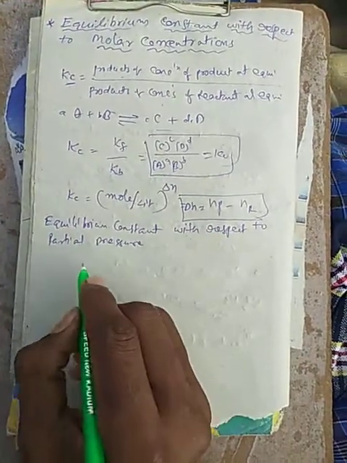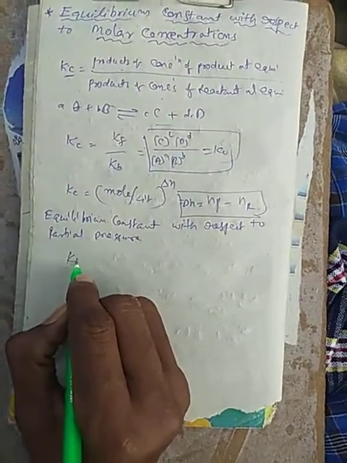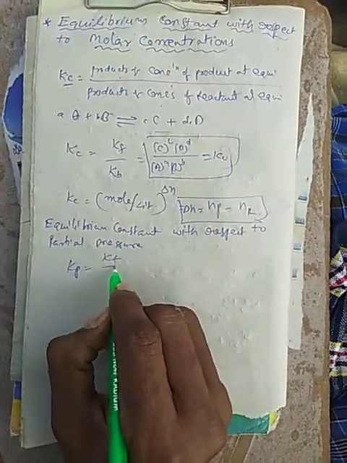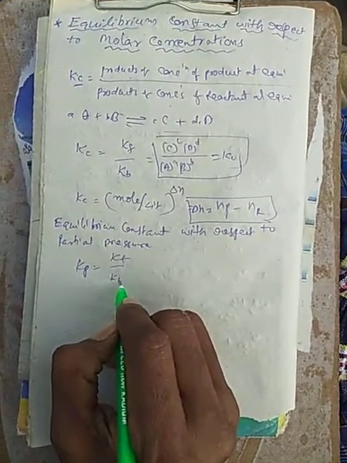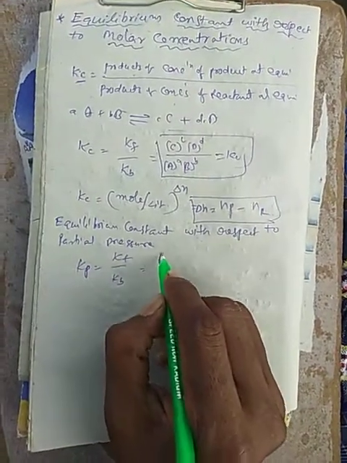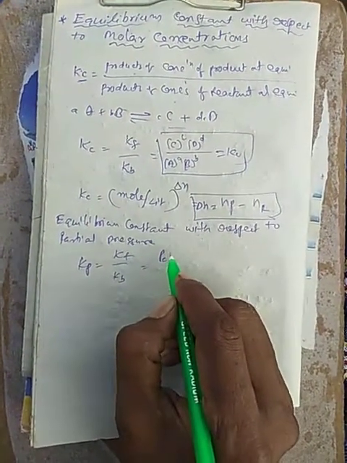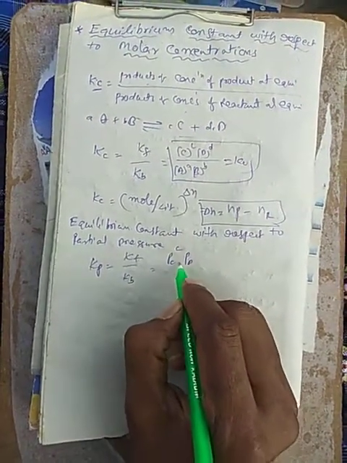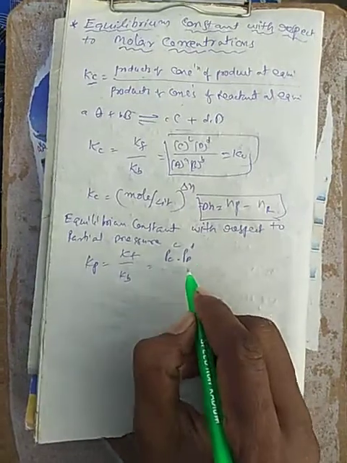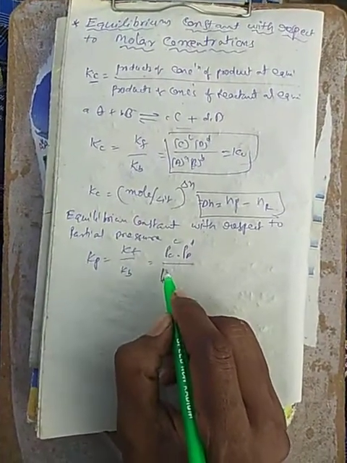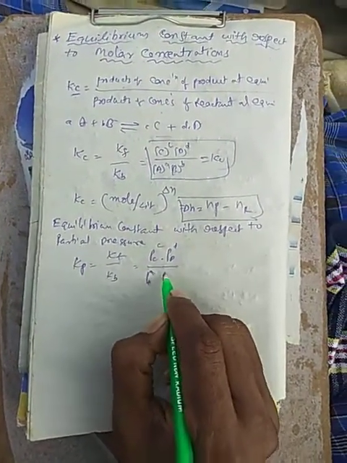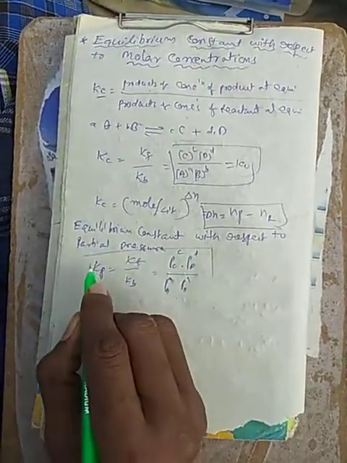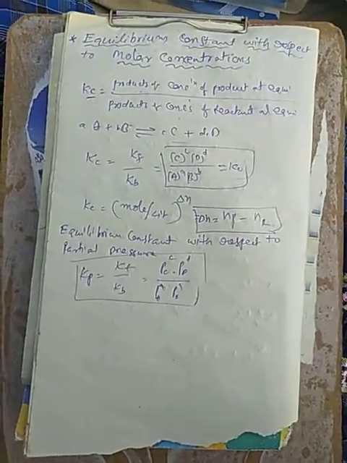In this equation, the partial pressure constant Kp is equal to the partial pressure of C raised to small c, the partial pressure of D raised to small d, divided by the partial pressure of A raised to a, the partial pressure of B raised to b. This is a formula we can use for the calculation of partial pressures.